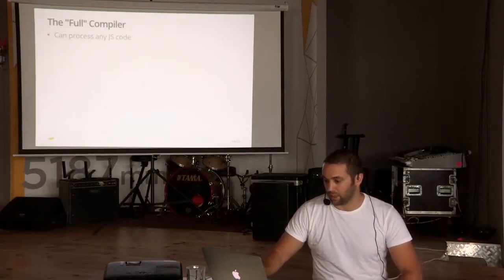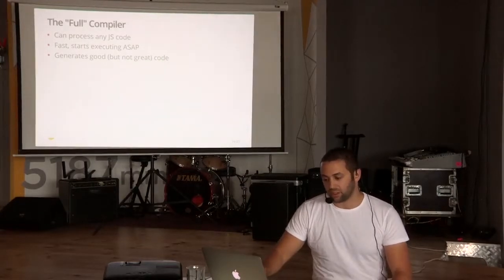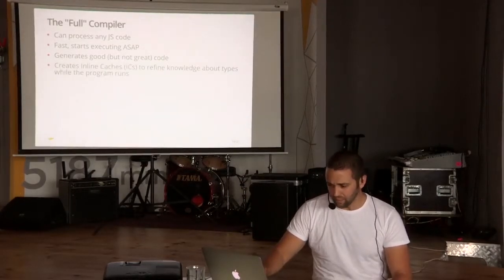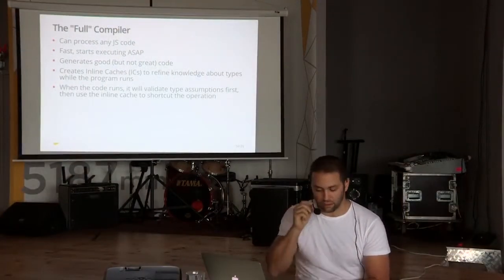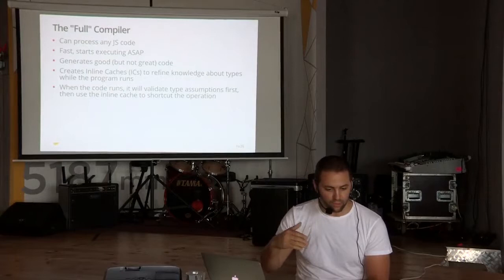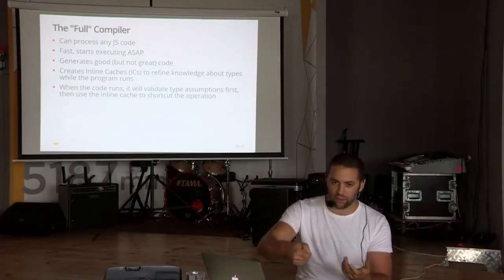So the full compiler can process, as I said, any JavaScript code. It runs really fast, and it starts executing as soon as possible. It generates good, but not great code. It creates something called inline caches. Inline caches is kind of when you call a function and you pass it parameters. Let's say you pass 2 integers.